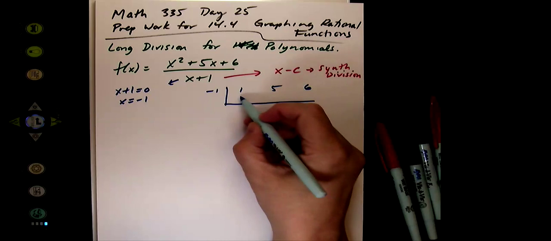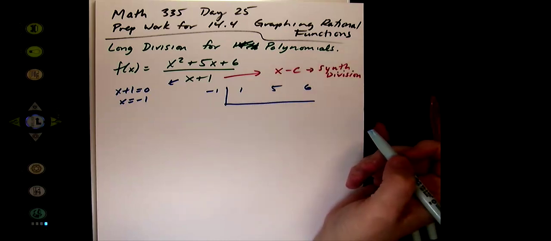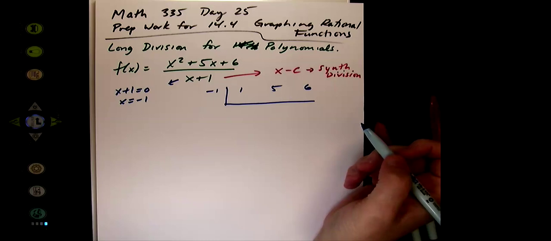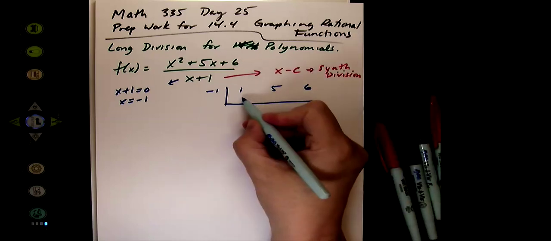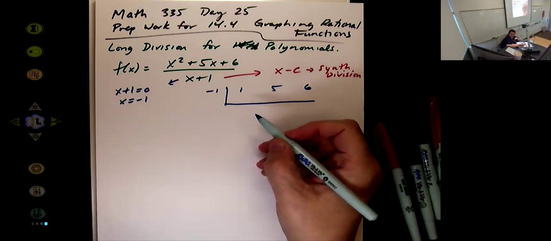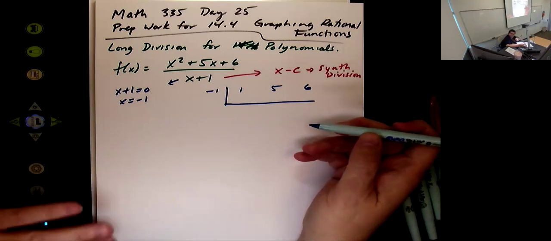The last number is supposed to equal 0 only if it divides in evenly. Generally, it's not going to divide in evenly. In fact, most of the things we do today will not divide in evenly. But when it does, a special event happens.